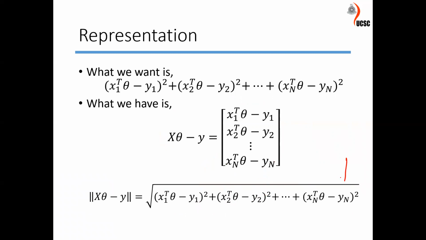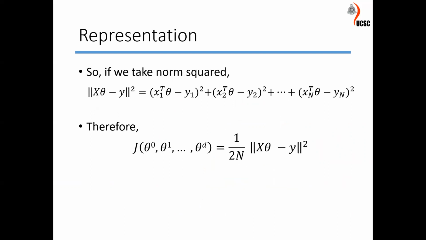But still we have this one, the power of half. We need to remove that. To remove that, we can basically make it norm squared. So we get the norm, then we take the square, then this will be removed.